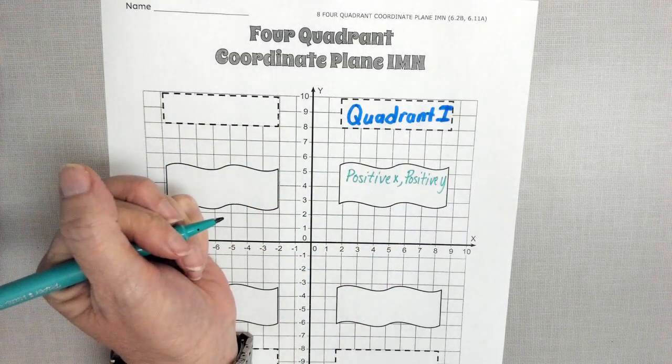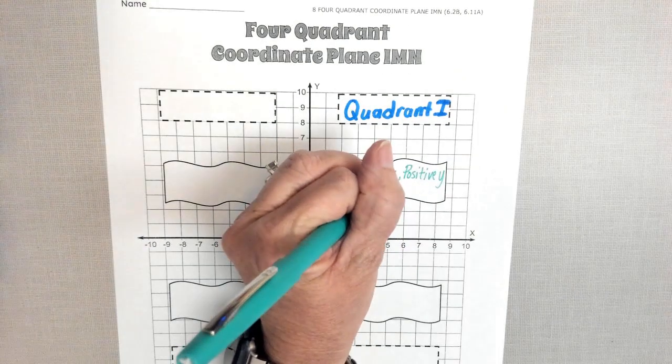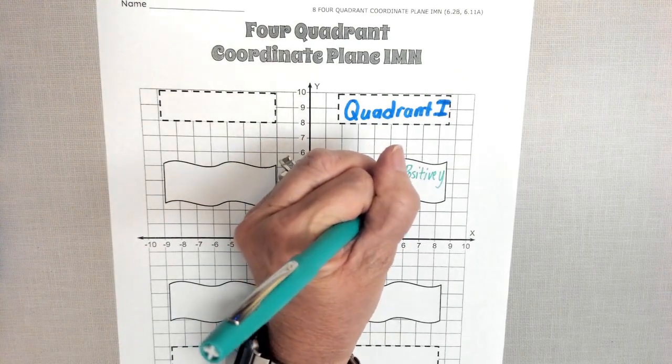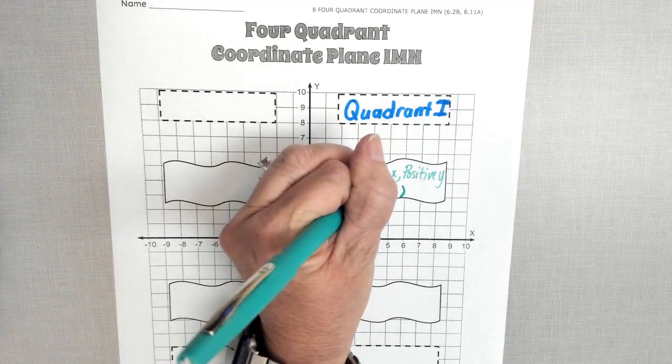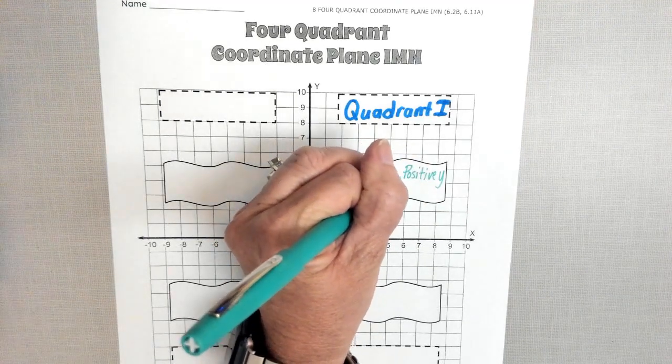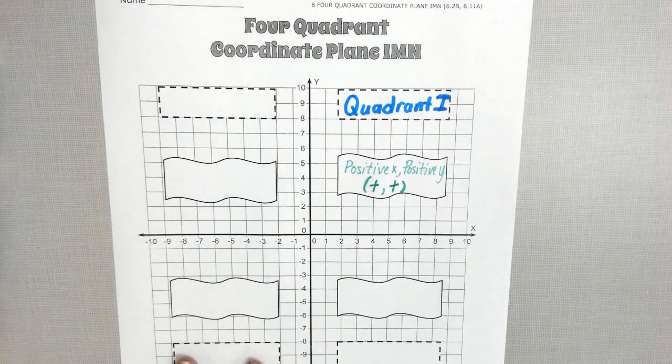So whenever we think about our ordered pair, we think about a positive number with another positive number. Our x value is positive and our y value is positive. Okay?